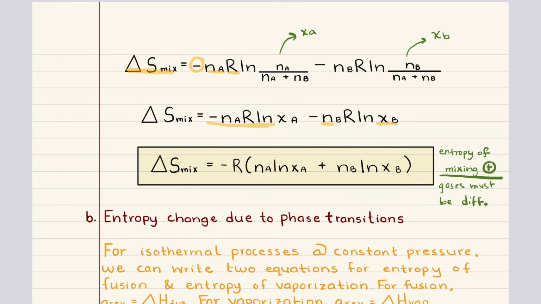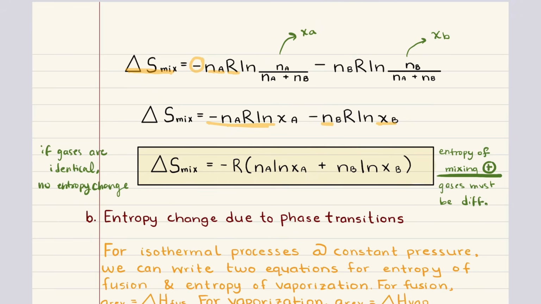Finally, you might wonder what happens if the two gases are identical, like oxygen with oxygen. At first glance, our formula seems to suggest a positive entropy change since we're still combining two volumes. But in reality, nothing changes. The final state is indistinguishable from the initial one because all of the particles are identical.